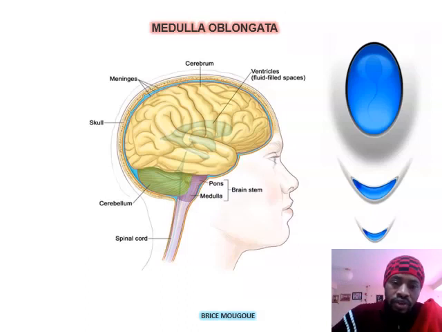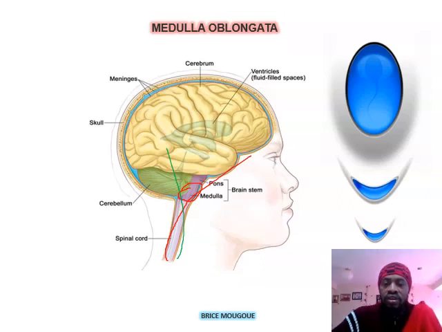In the medulla oblongata, in this area here, while nerve fibers are going up, the nerve fibers will cross each other as they are coming from the rest of the body upwards.